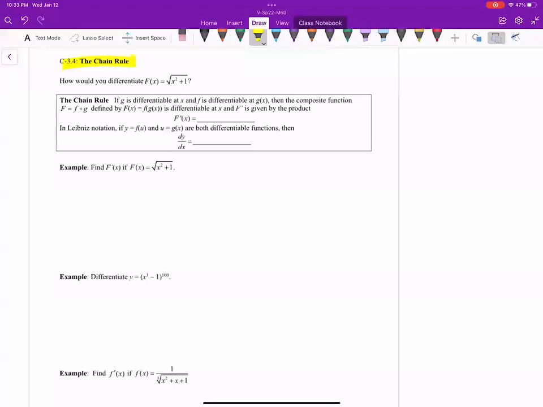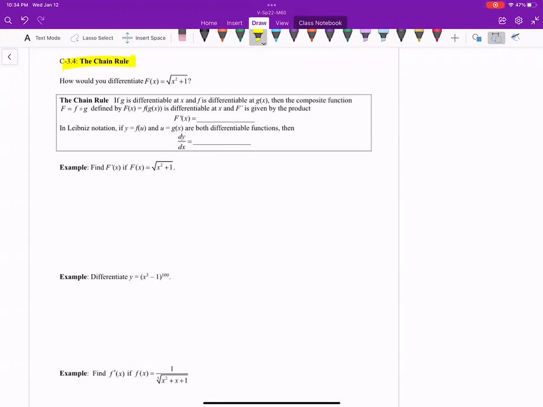Then we also saw a derivative of a base being a variable, a number, and the exponent being a variable, just like derivative of a to the x type. Then we saw the sum and difference rules, product rule, quotient rule, and then we also saw some derivatives of trigonometric functions. Now we are going to see what chain rule is.